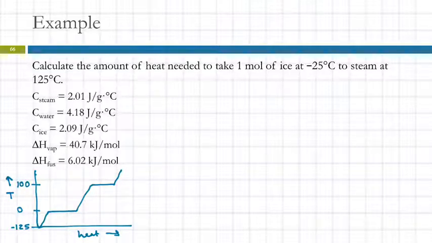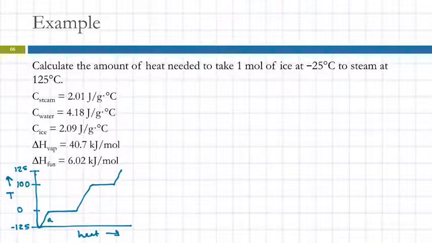If it was a different substance, they'd be provided if it was an exam, or you could look them up. And then our final temperature is 125. So that's above 100, up here somewhere. So we're going from here all the way up to here. We're going to do all of the different line segments.